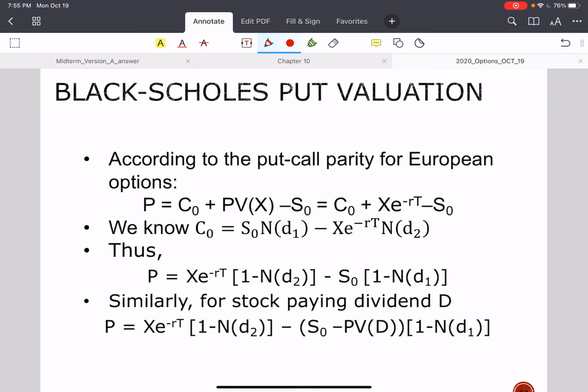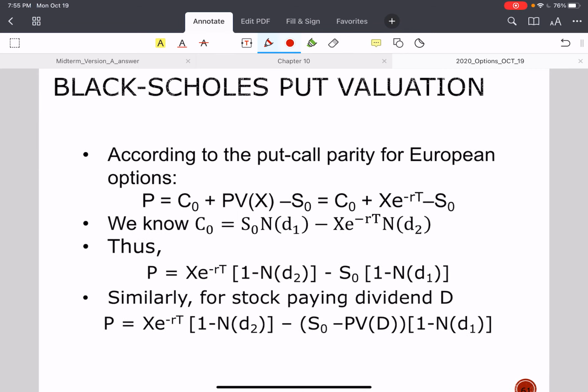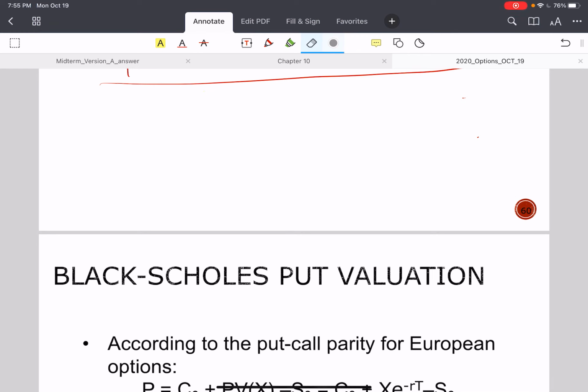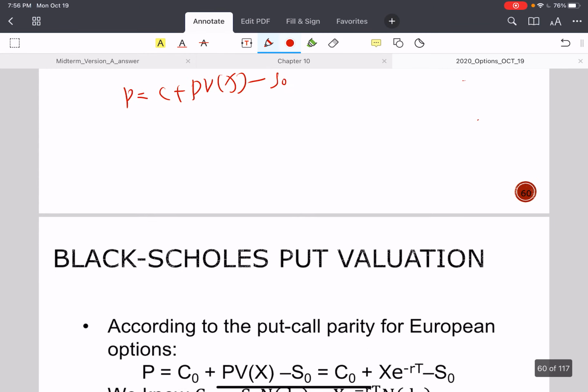What you can do here is use the put-call parity that we have learned. So when there is no dividend, according to put-call parity, put equals call plus the present value of the exercise price minus today's stock price.